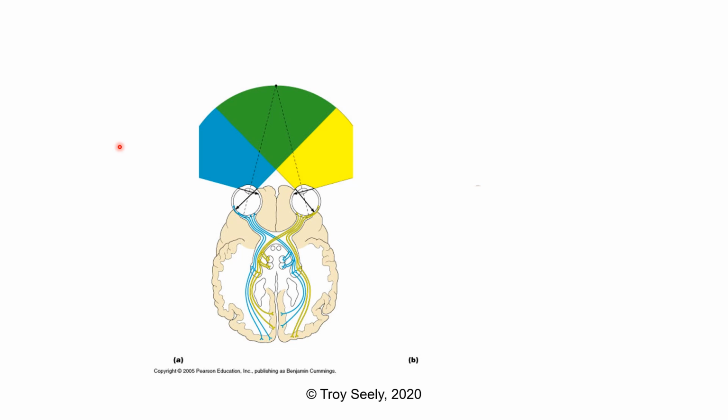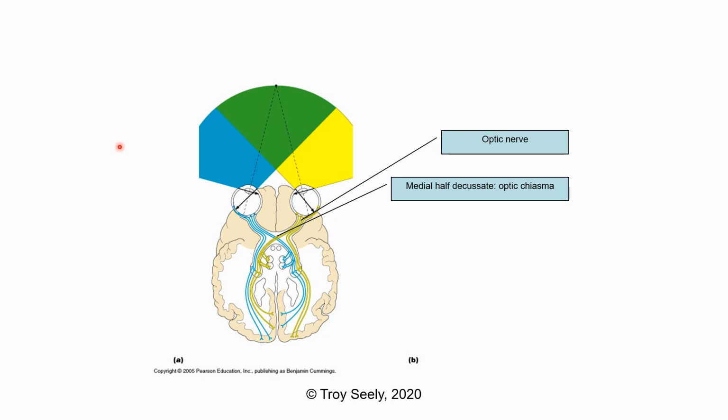Everything that comes in from the visual field will be taken in by the eyes, and relevant information will be transmitted along the optic nerve, which will in turn, if you follow the pathway of the optic nerve, you'll notice that it does split. So right here at this optic chiasma, this is where we're going to have the two halves kind of decussate or split. One will continue on the same side of the brain, and the other one will shift to the opposite side of the brain.